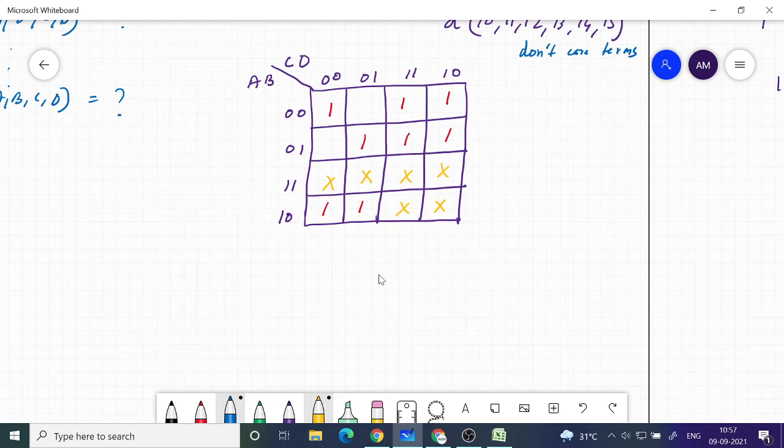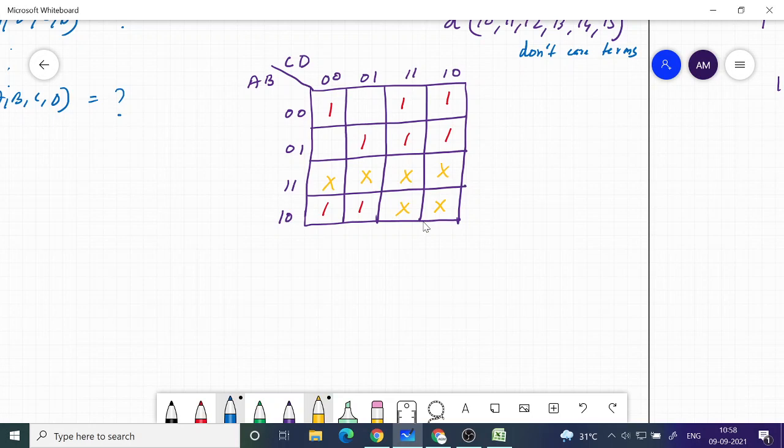Now, which are the essentials? Look at the bigger group possible, basically a group of 8 is possible. If we only take the ones, only a group of 4 is possible, for example here. But these don't cares, we can treat them as 1 or we can treat them as 0.